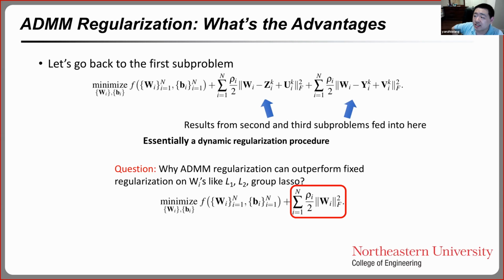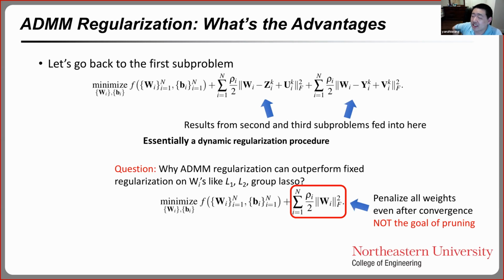The major reason is like this. We are using fixed regularizations. We are penalizing all the weights, and the weights are penalized even after convergence. We want to compress the value of all the W's, but this is not the goal of pruning. Pruning is not to make all the weights zero. Pruning is going to make a target number of weights zero.